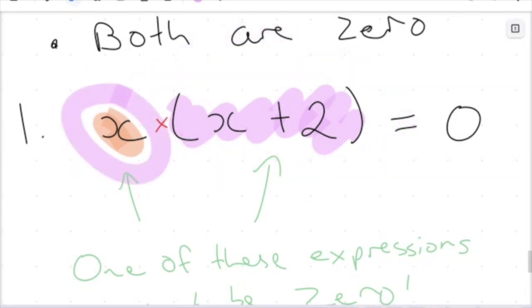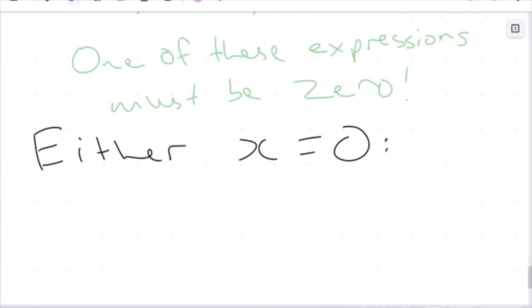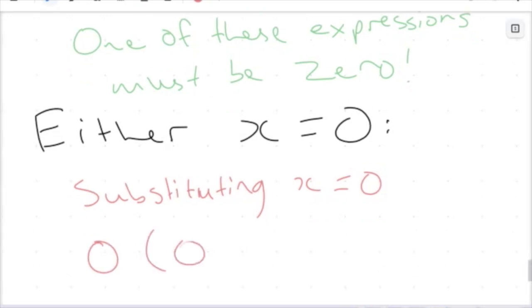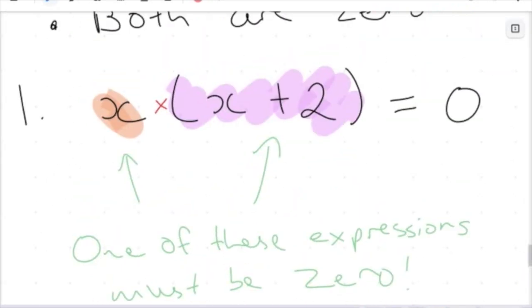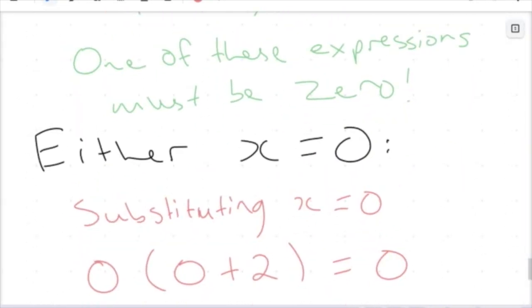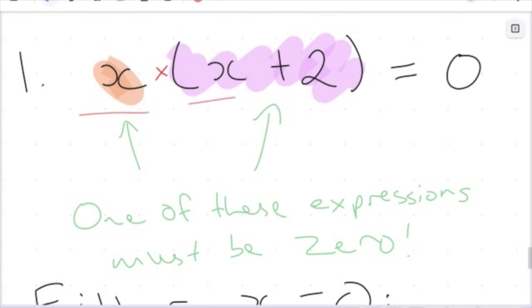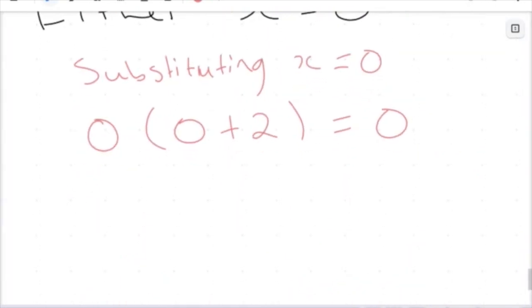So my first term x can be a solution if it's 0, because substituting it in, x equals 0 is going to give me 0 outside of 0 plus 2. Now, we want to see if that equals 0. See, I've just subbed in x equals 0 into here and here.